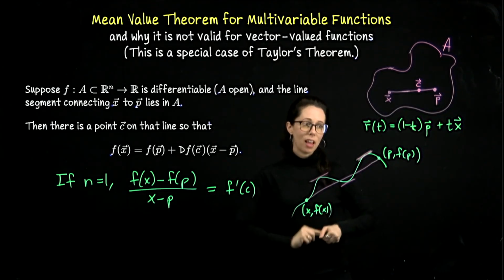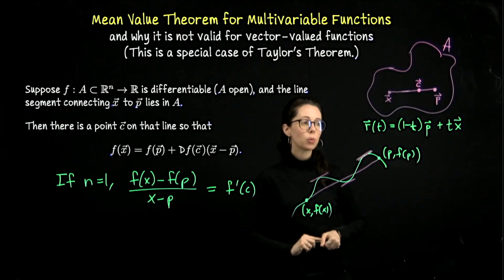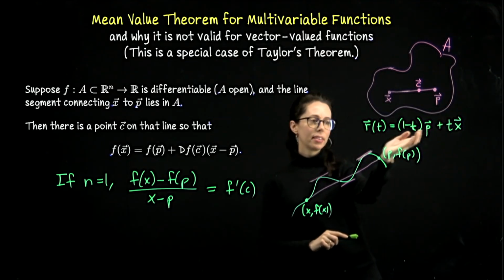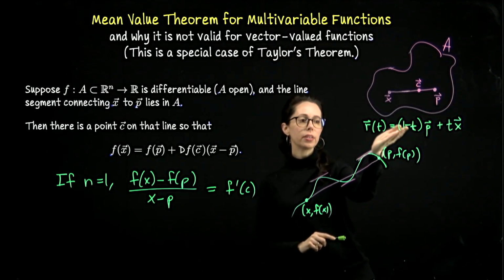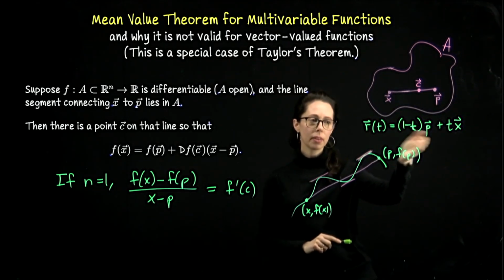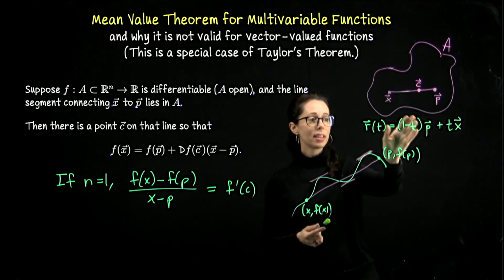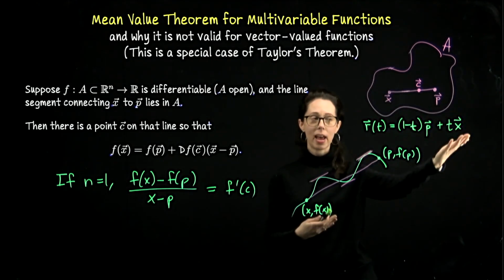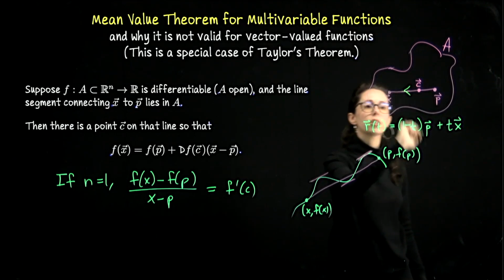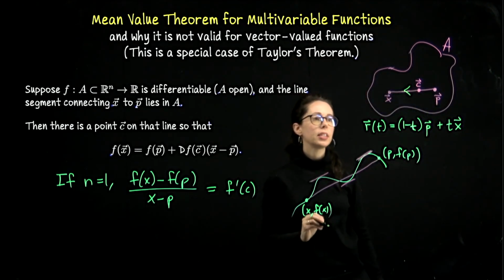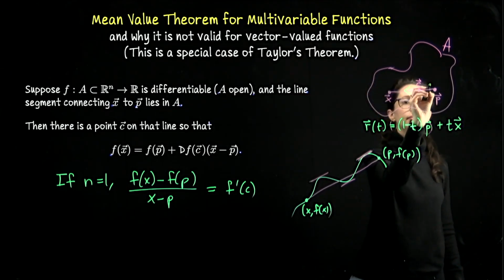Okay, this is a straight line, and notice if t equals 0, I wipe out this and this becomes 1. So at t equals 0, r of 0 is p. When t equals 1, if I plug 1 in for t, this goes away, and I get 1x, that's x. So r of 1 is x. So we are traveling in this direction: p is now r of 0, x is r of 1.